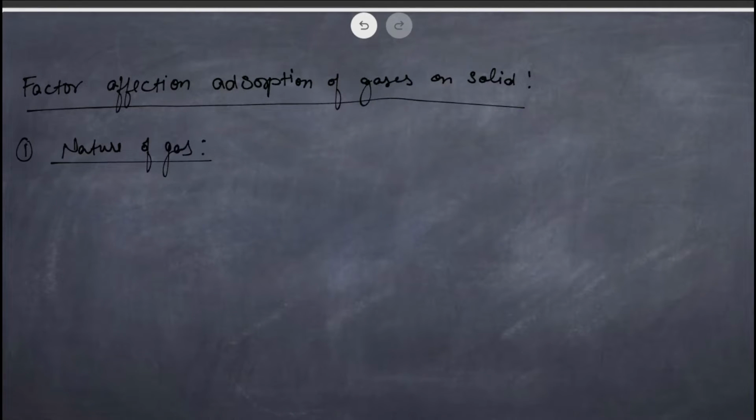Basically, what it means is the gases which are easily liquefied, they absorb to a greater extent, and those gases which are not liquefied easily, they are absorbed to a lesser extent.